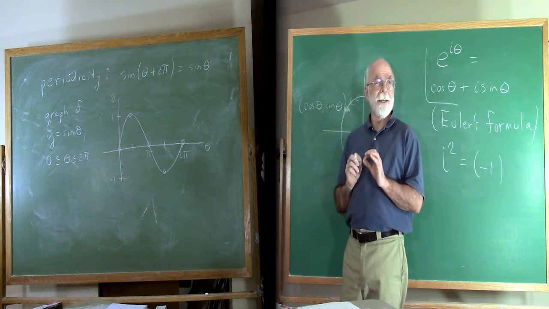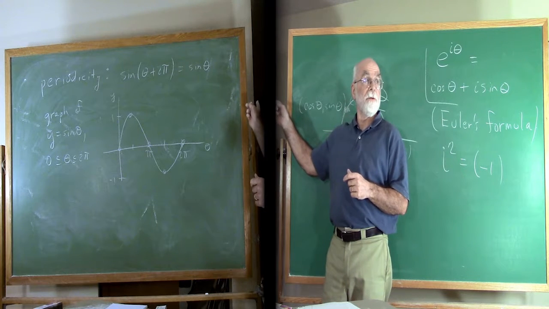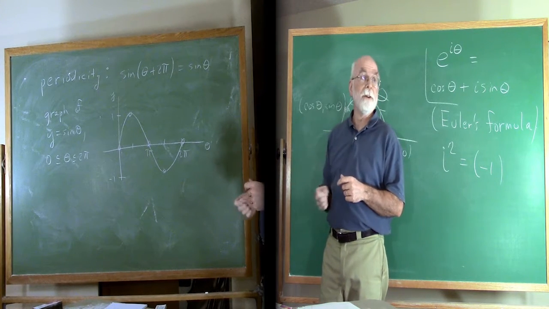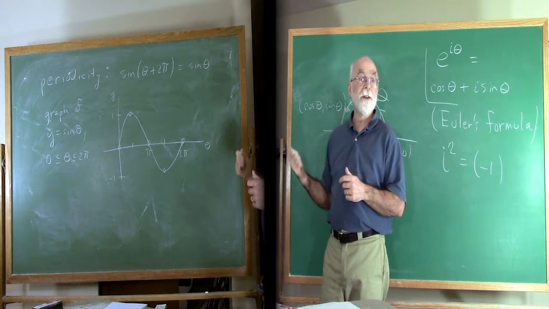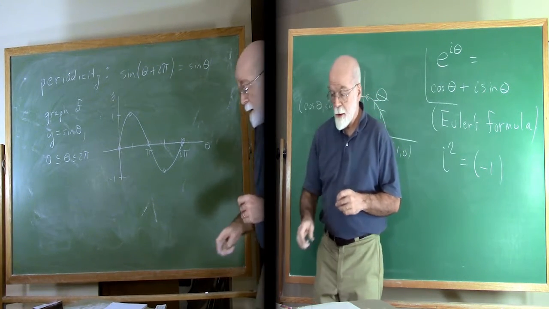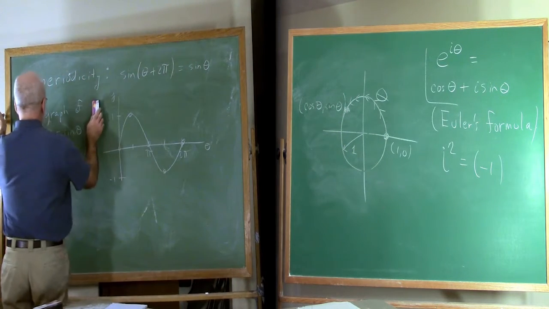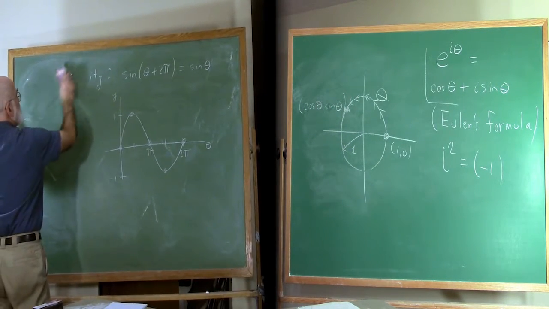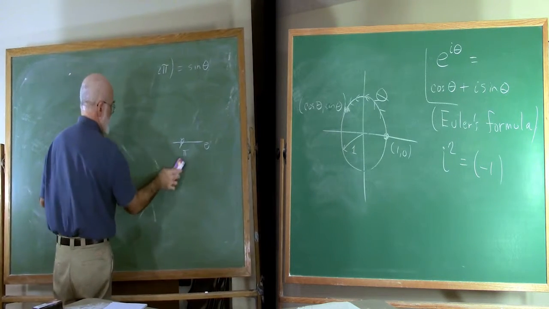The periodicity forces that graph to replicate itself infinitely often as theta goes to plus or minus infinity. Let me give myself more room for this graph, this piece of the graph so far. And then we'll do the enlargement that you get from being periodic.